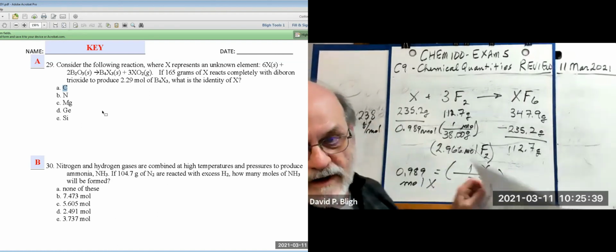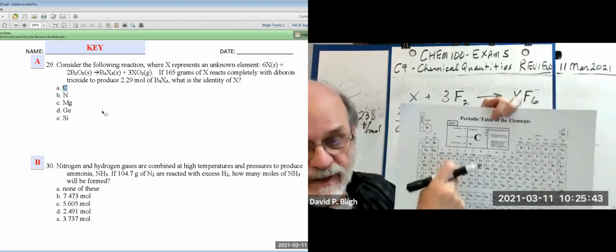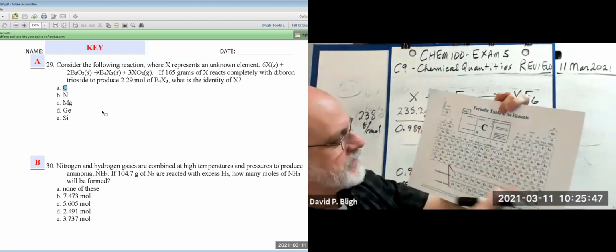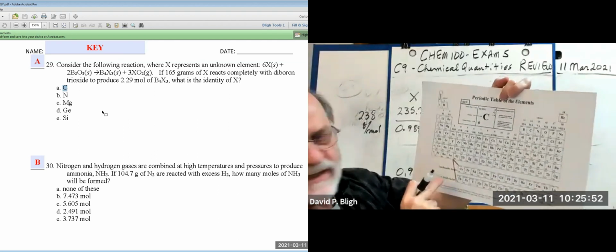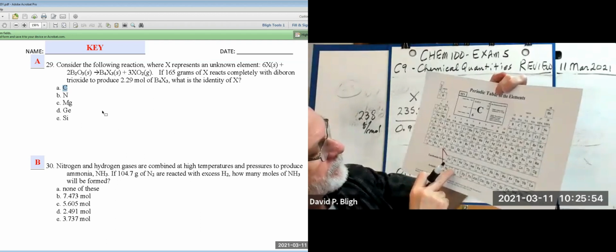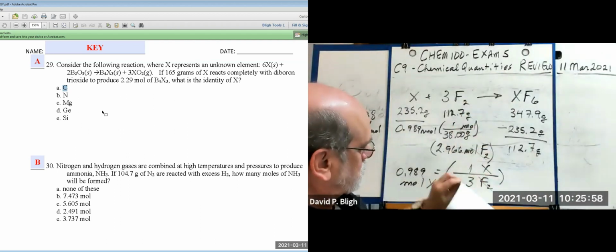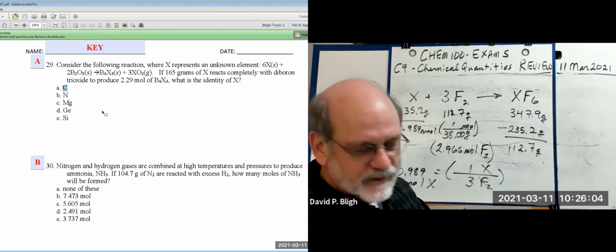So you go to your periodic table and you follow molar masses. They get bigger from top to bottom and left to right. So you just follow along until you find something that's close to 238. We have to get way down into the actinides to get something that heavy. Looks like it's uranium. Okay.